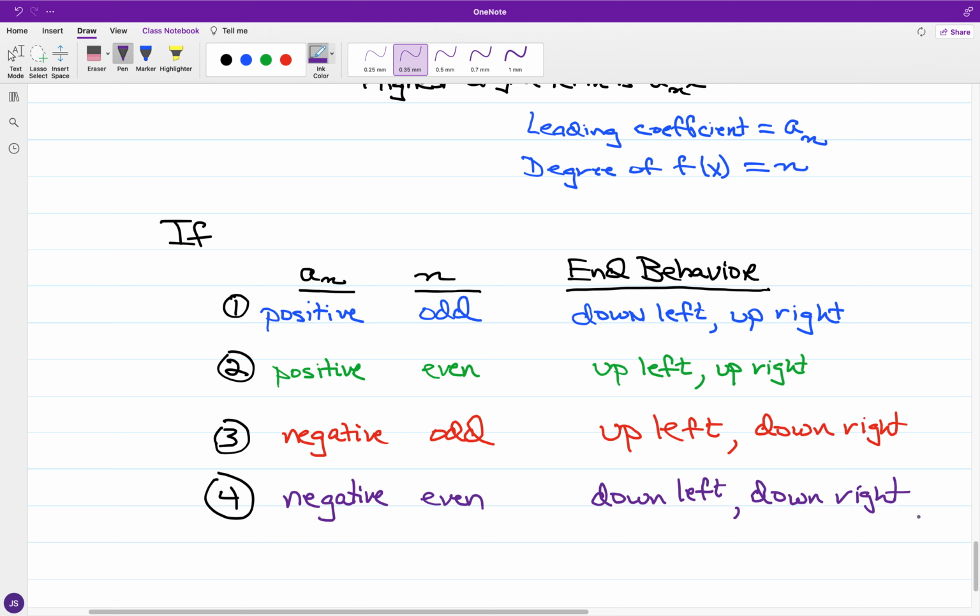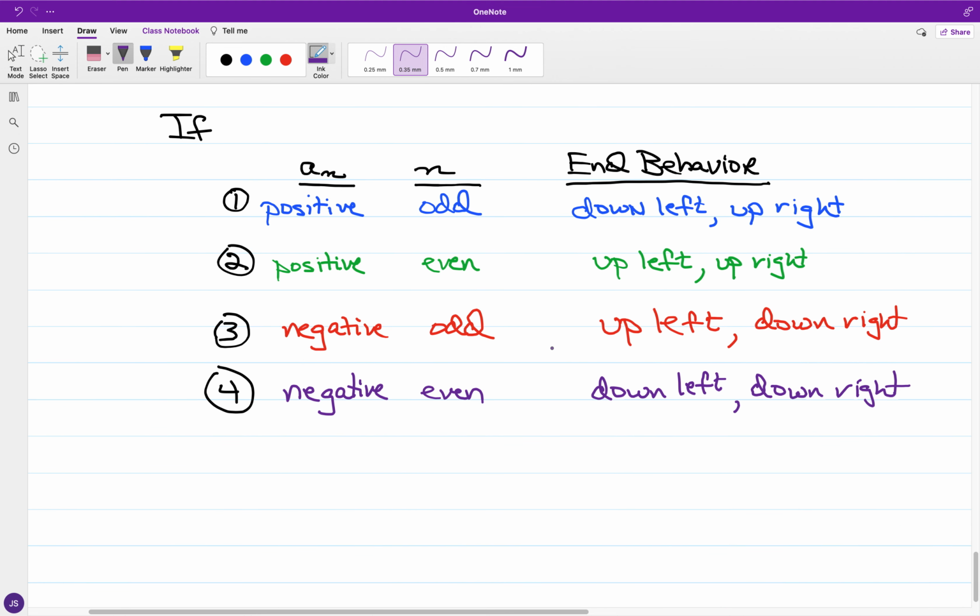So these are your 4 possibilities. All right, now in terms of what we have with end behavior, kind of using this as a guideline.